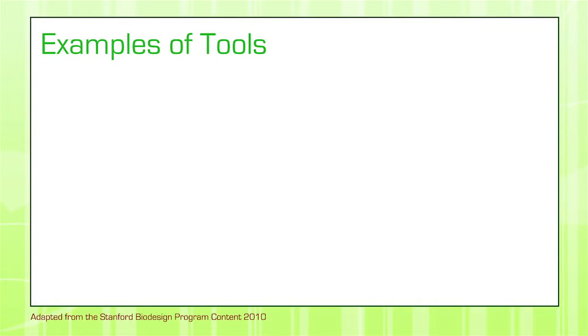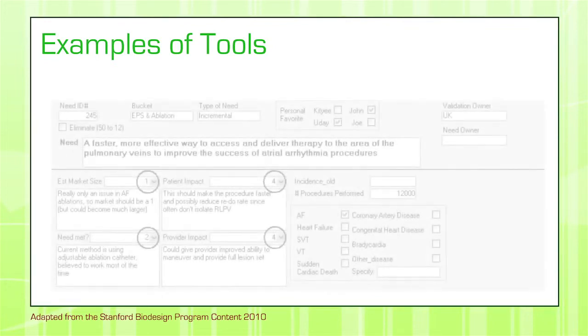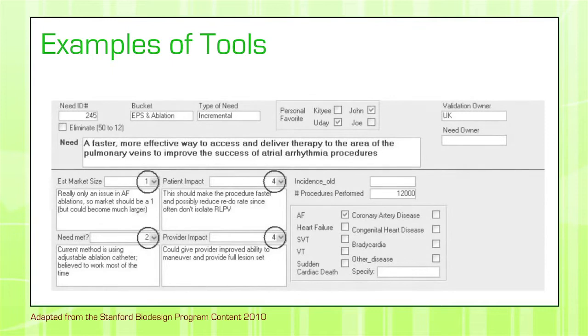It can be as simple as a spreadsheet, as we are going to see later on, or it can be more complex, as a small program that you can run on your computer or on a server, in which, in an academic setting, all the students in the biodesign process throughout different generations can start putting information in the database from different problems by putting in all the information that they have gathered.